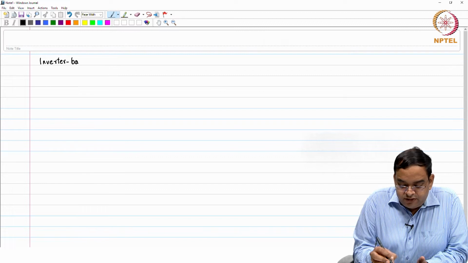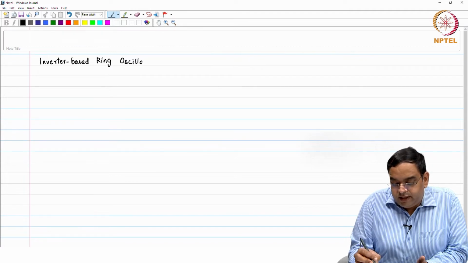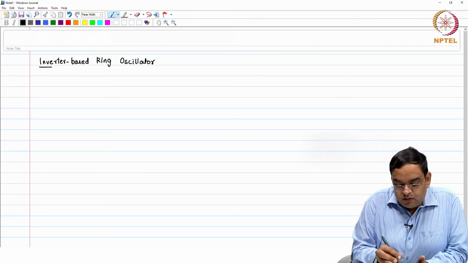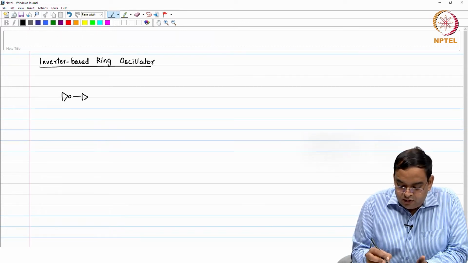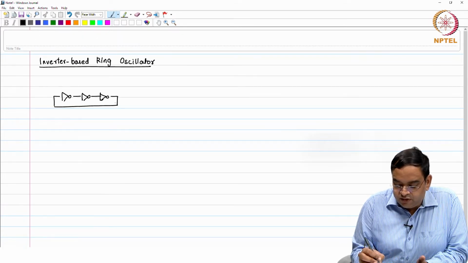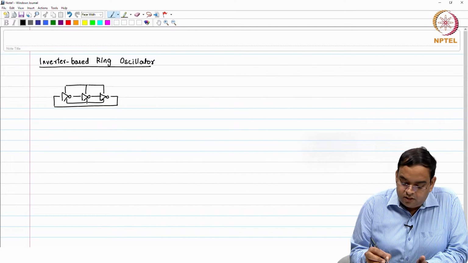Inverter based ring oscillator is something which we studied, and we said that if we want to control the frequency of the ring oscillator, we can do so by controlling the current or by changing the load.